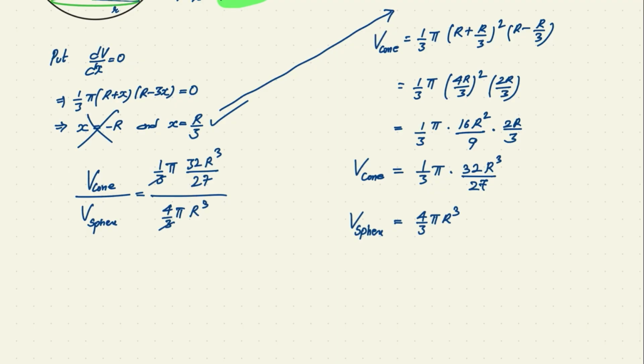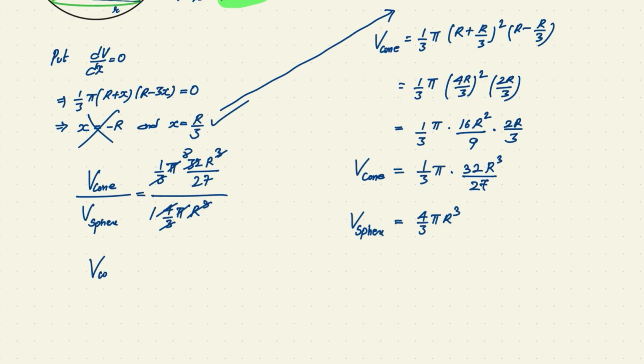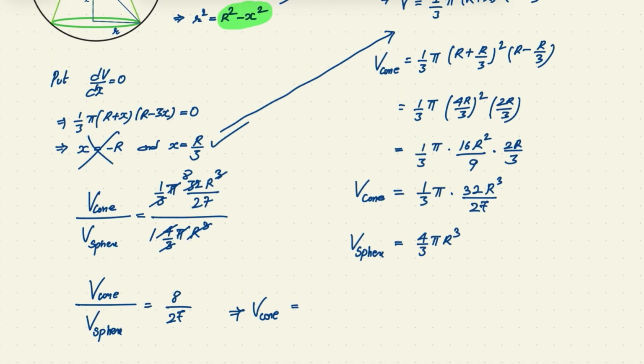Here 3 and 3 got cancelled, π and π got cancelled, r³ and r³ also got cancelled, and 4 ones are 4, 4 eights are 32. That means volume of cone over volume of sphere equals 8/27, and hence the volume of the cone is equal to 8/27 times the volume of the sphere.